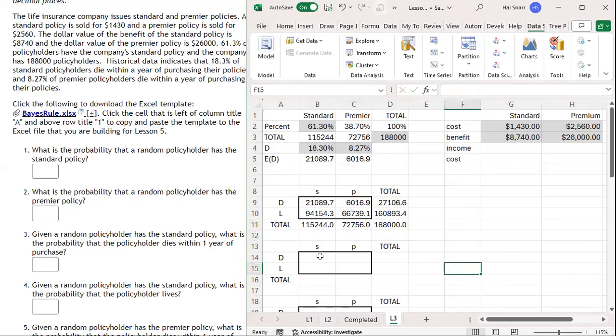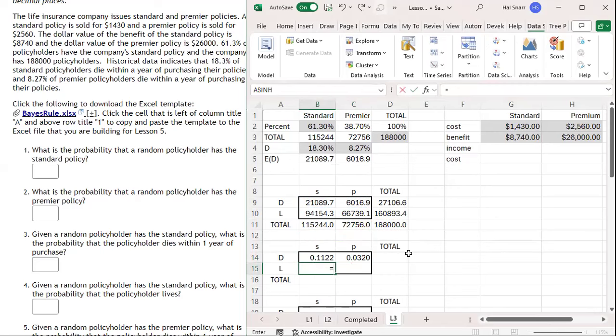Now we're going to calculate the joint probability table. The joint probability table is the number of policyholders that have the standard policy and die, divided by the number of policyholders. The probability of a policyholder dying and being a premium policyholder is that number divided by the overall total.